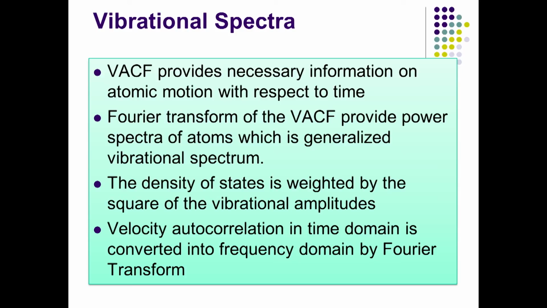You can look at the lattice vibration, the bending vibration, the librational, and also the stretching vibration that we talked about, what we call the bonded material. So, what it says is that the density of states is weighted by the square of the vibrational amplitude, and those are the density of states that an atom, or electrons, can be in.